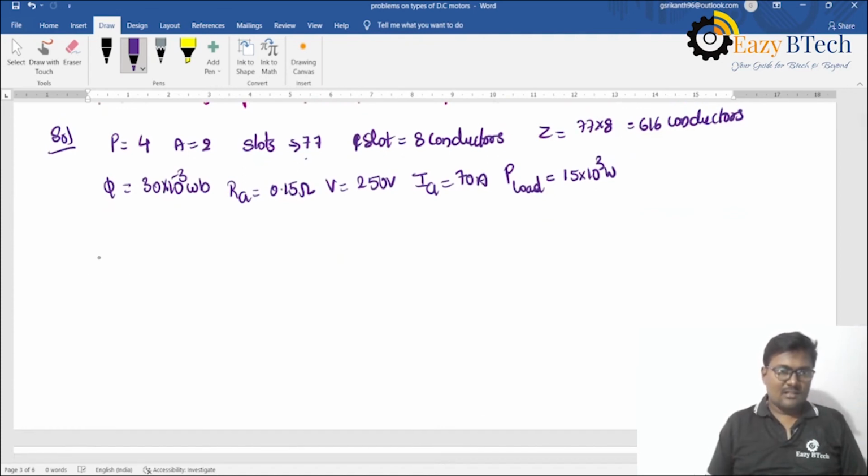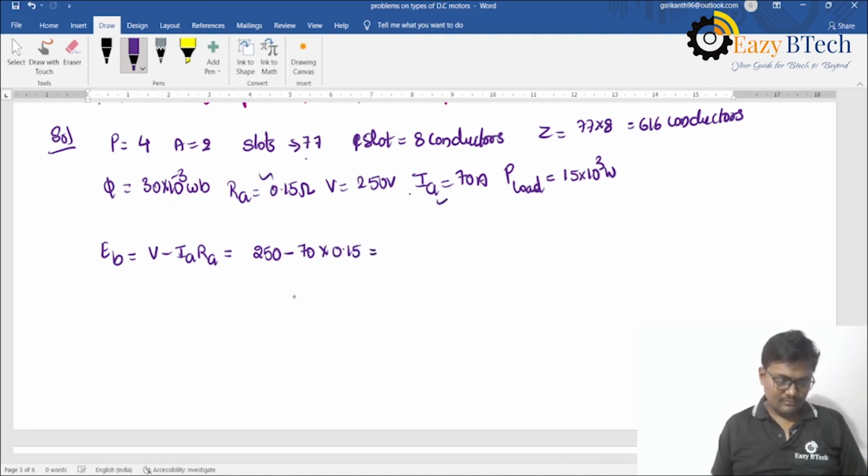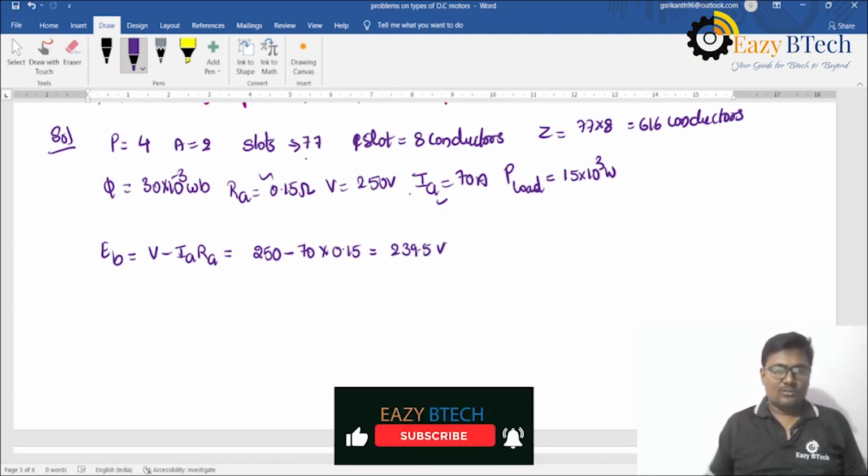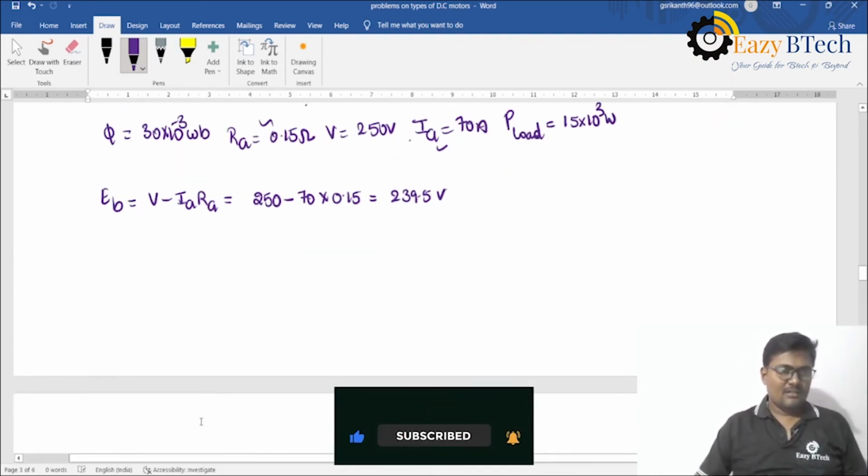From this calculate the back EMF. EB equal to V minus IA into RA. V is 250, IA is 70, and RA is 0.15. Then I got 239.5 volts.